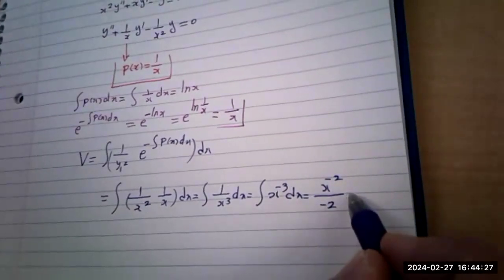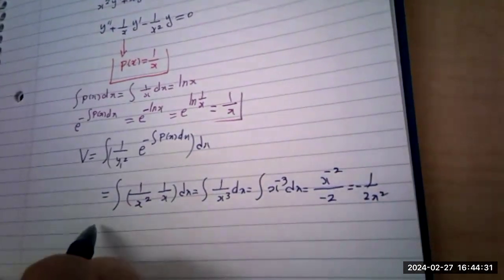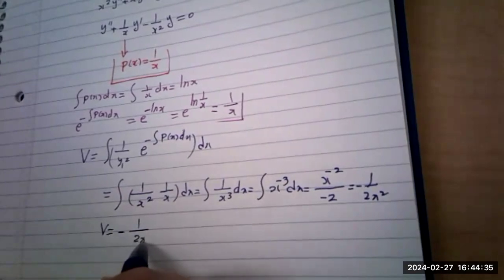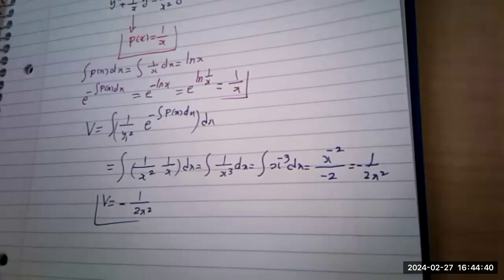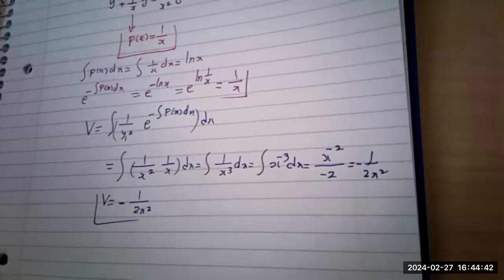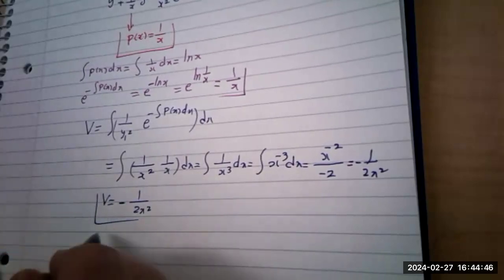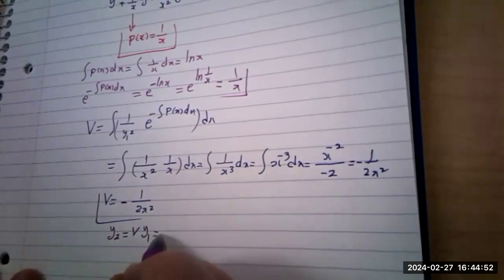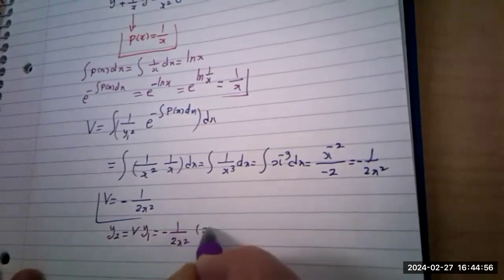Which is equal to negative 1 over 2x squared. So v is equal to negative 1 over 2x squared. Any question? No constant. Now that we have v, we are ready to give you y2. The second solution, y2, is equal to v times y1. v is negative 1 over 2x squared, and y1 is x.